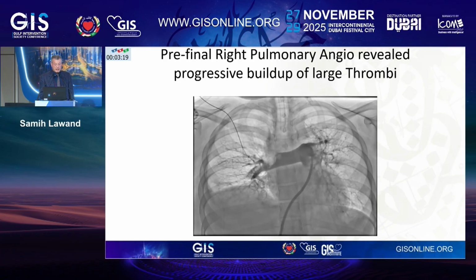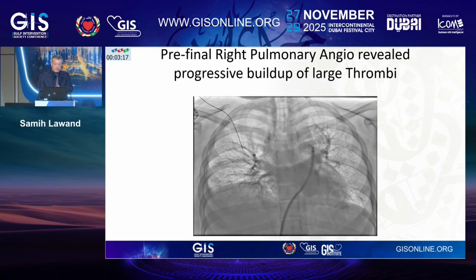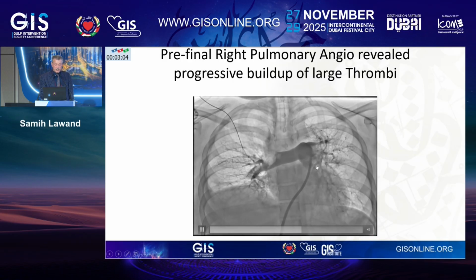And again, this took from the time I finished the left to the time I returned to the right to see where we are, only to discover that the patient had reformed a huge, large filling defect, as you see it here, with total blockage of the upper.